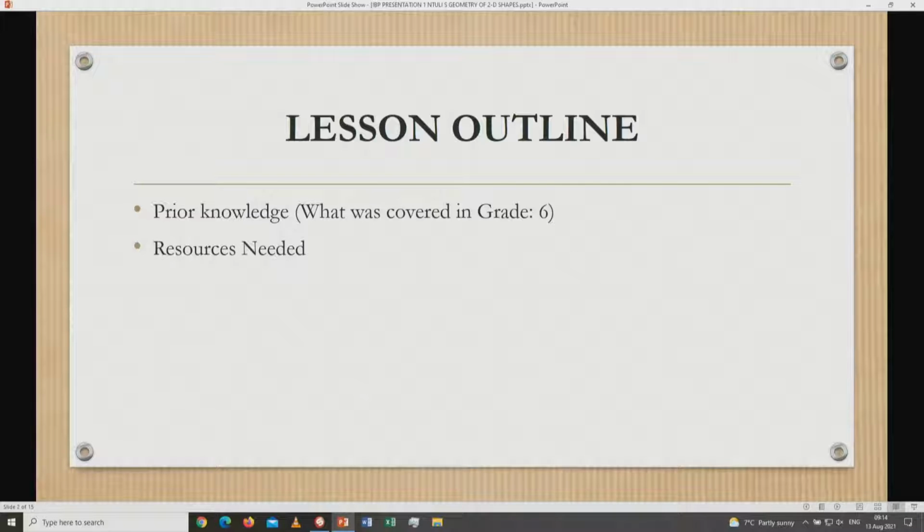Then we're going to touch on what resources we need for this part to be successful. We are going to familiarize ourselves with the vocabulary that is used and the meaning of such vocabulary.